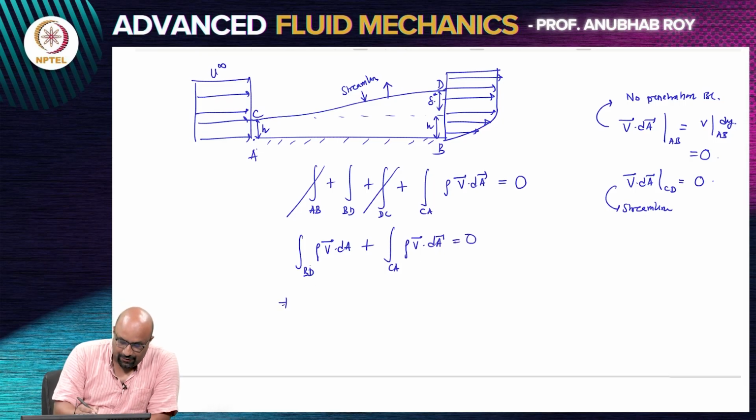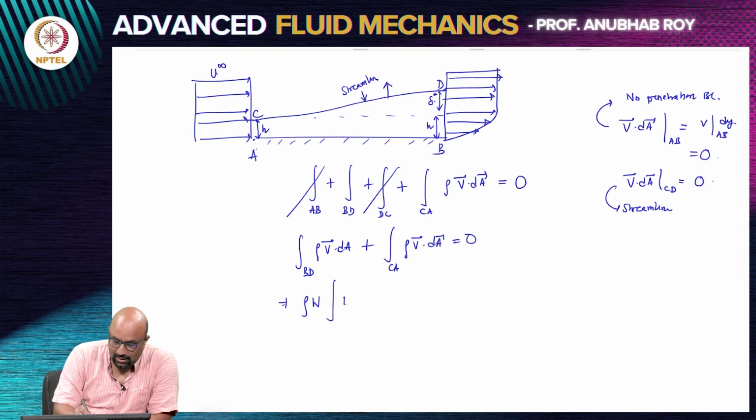Now, for the region we have, I would take rho outside, and there is a width w coming out of the surface. V dot dA on BD is the velocity u, and dA is also pointing outward.